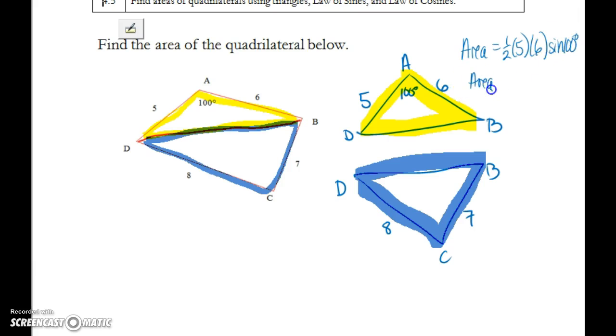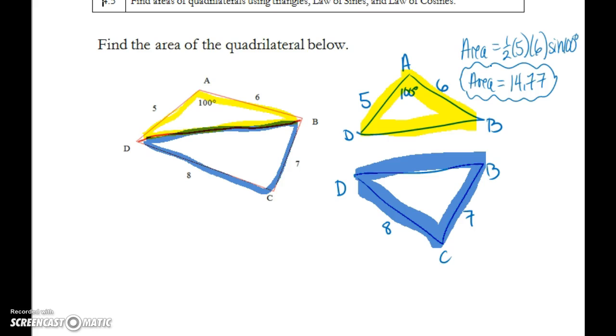On our calculators, 0.5 times 5 times 6 times sine of 100, the area is about 14.77. And now if we can find the area of the blue triangle, then we can add the two areas up and find the total area.